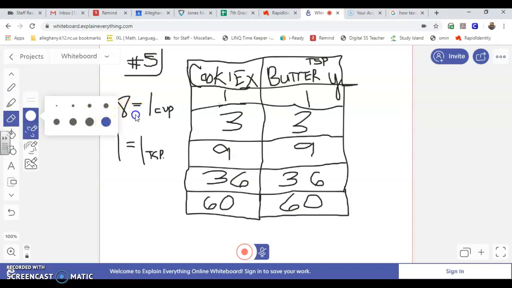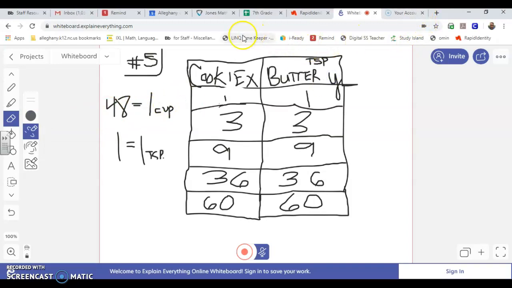But what I want to do now is I'm going to erase this.